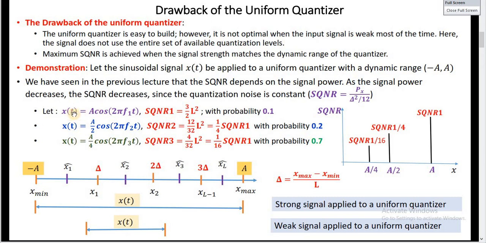That is, we apply this signal 10% of the time, apply this signal 20% of the time, and apply this weakest signal 70% of the time.